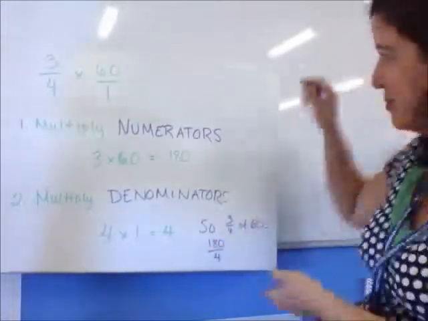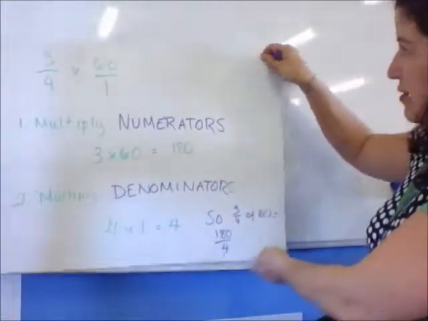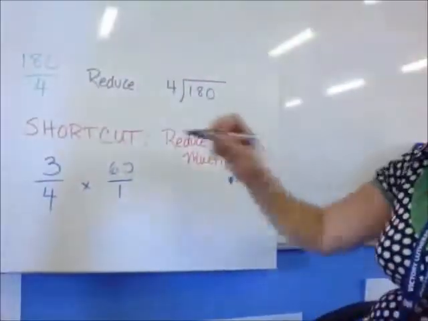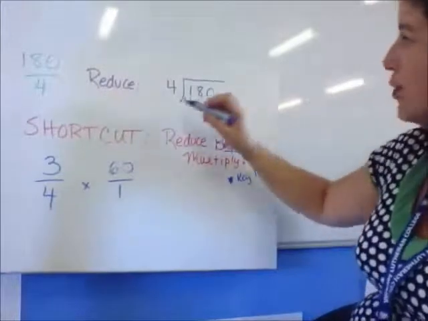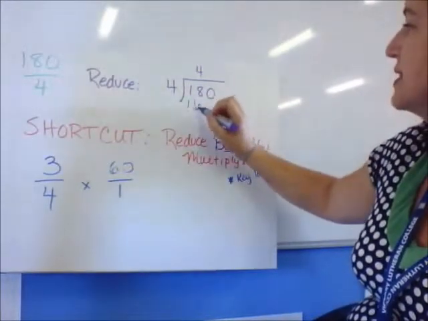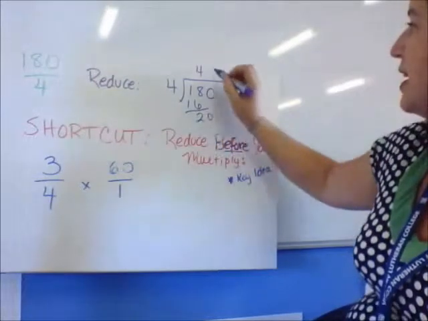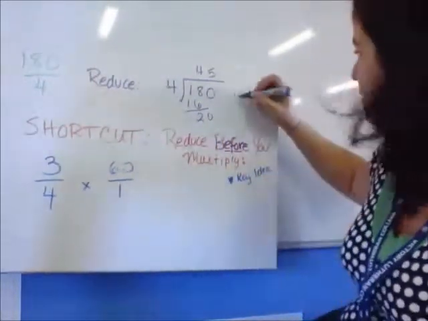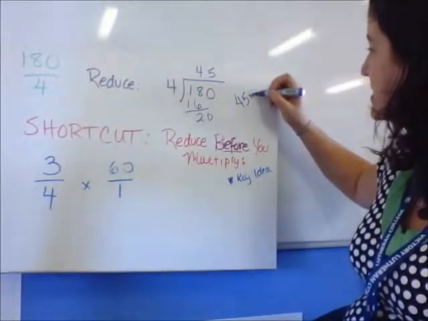Well, that's not a very simple fraction, is it? So obviously we can reduce this fraction. And you do that by looking at 180 over 4. 4 goes into 18 4 times, 16 there, and 20, 45. So therefore, 3/4 of an hour is 45 minutes.